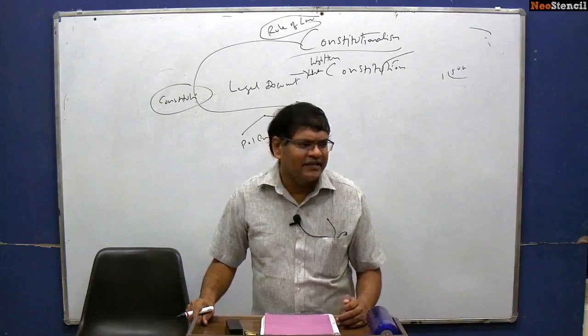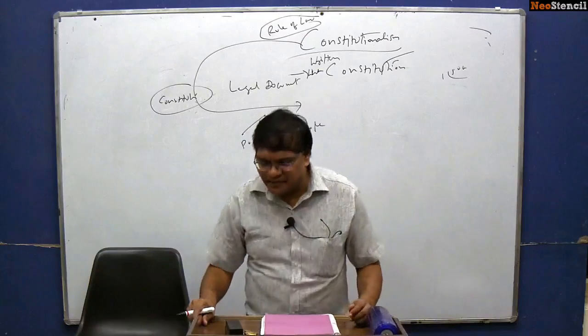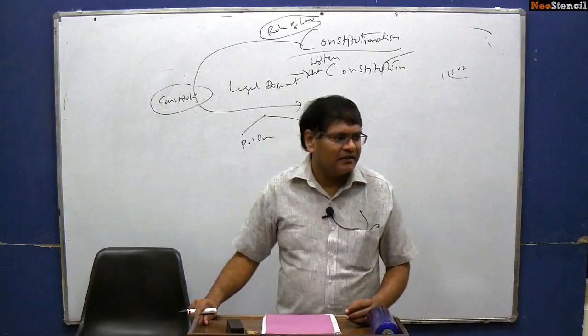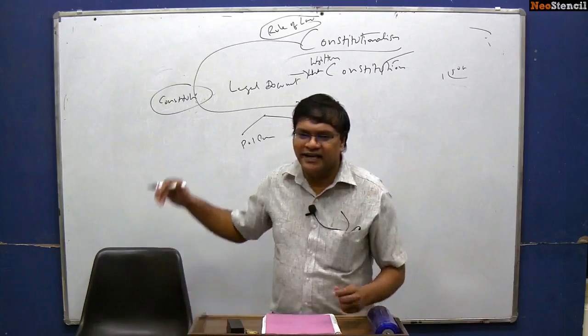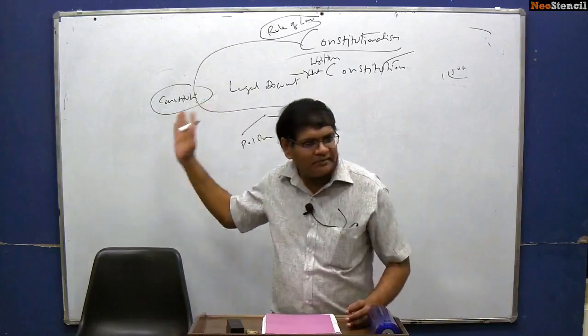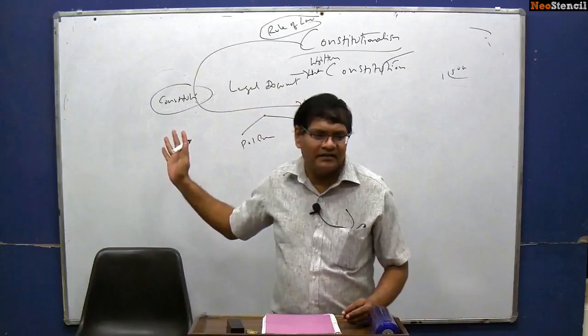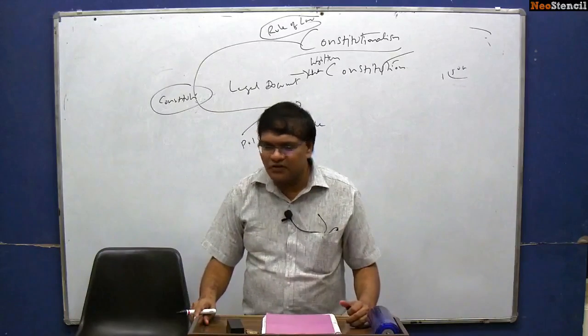So what he said is that if you want your constitution to be implemented in both letter and spirit, what is required is an effective, democratic polity, wherein the political parties as well as the people ensure effective functioning of the constitution. How to do that?